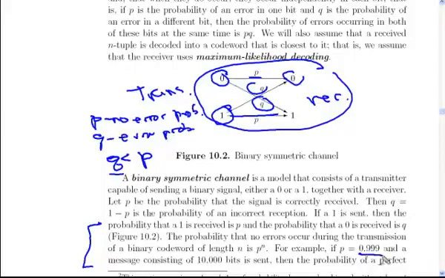Suppose P equals 0.999. In other words, you have a 999 out of 1,000 chance of transmitting a correct bit every time you transmit a bit. And suppose you send 10,000 bits. How many errors do you expect in that string of 10,000 bits? Well, think about it for a second.